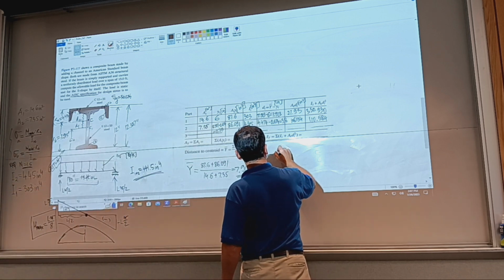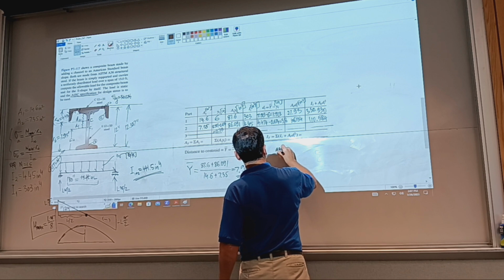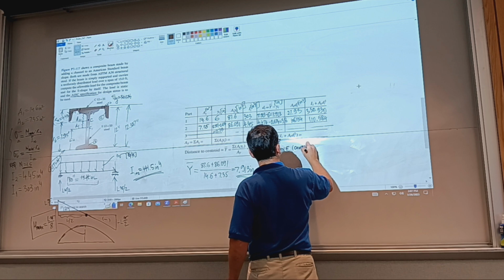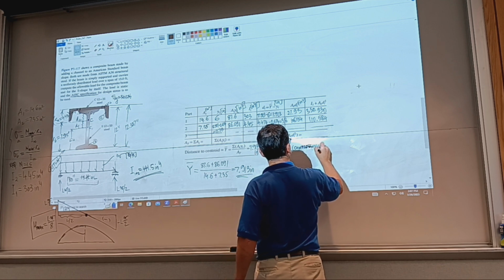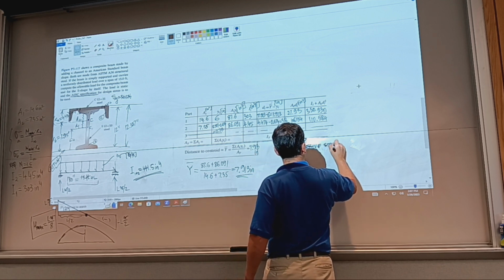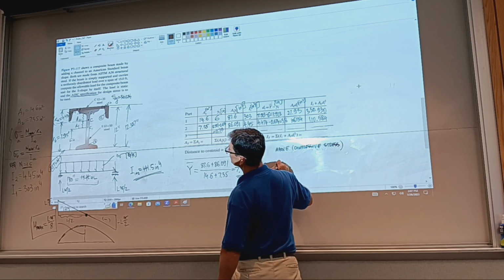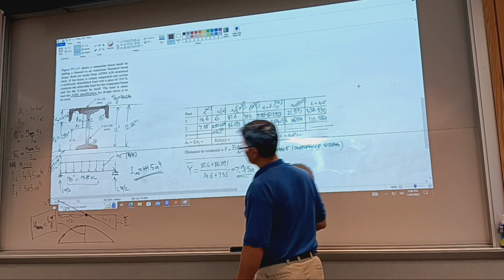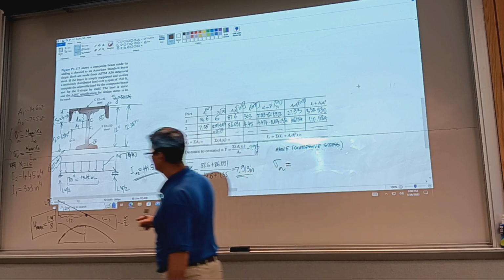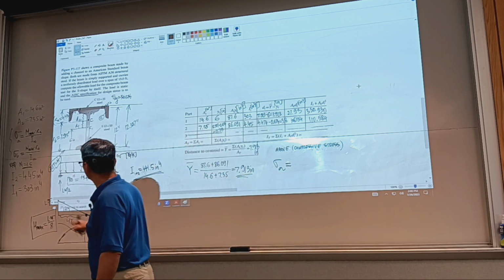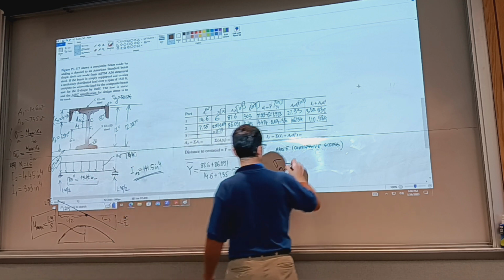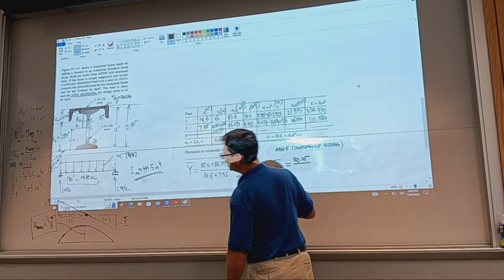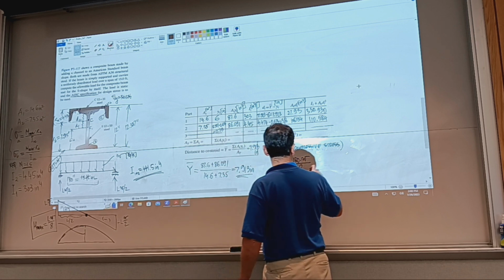So above, it's compressive stress, and I have sigma above. I'm repeating that equation, or rather with L 180, 180 times W, which you want to find, over 8, was it?